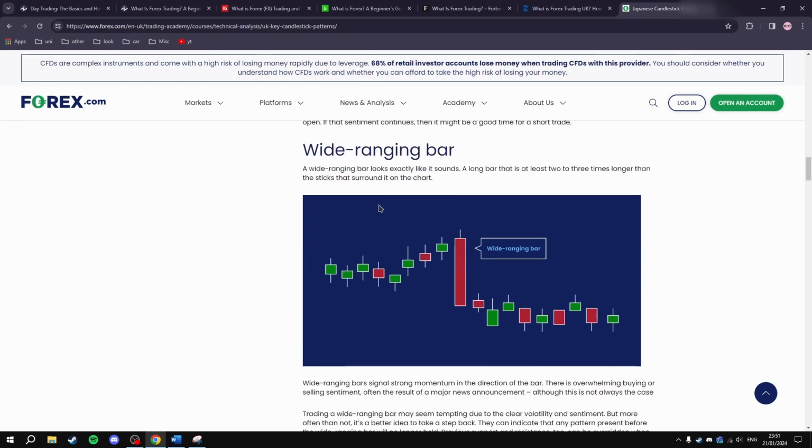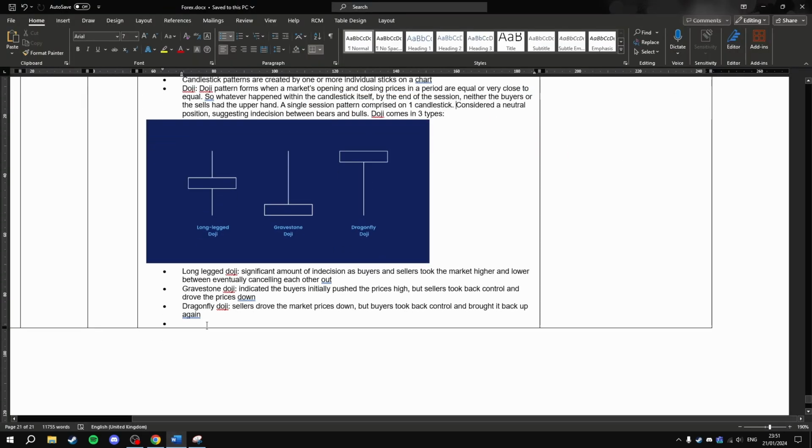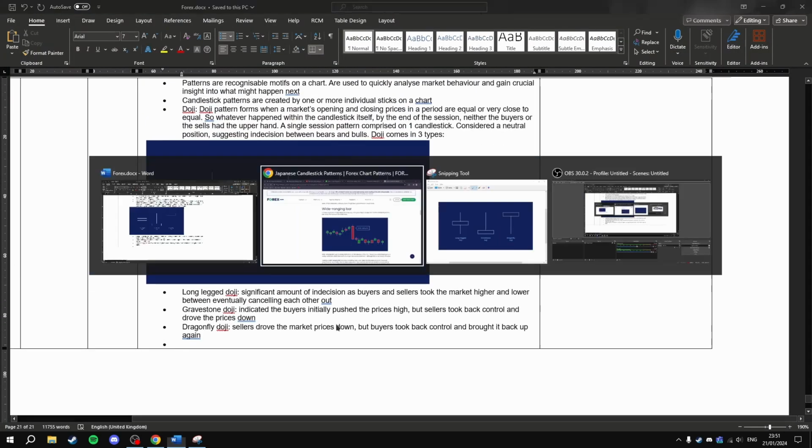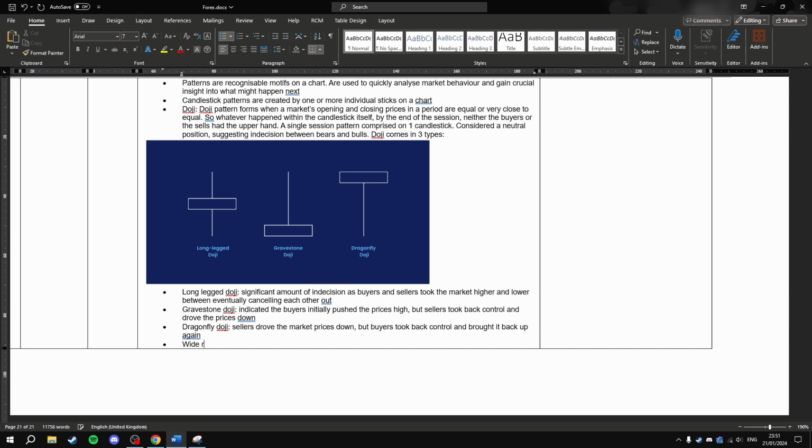Right, anyways, wide-ranging bar. A wide-ranging bar looks exactly like it sounds, a long bar that is at least 2 to 3 times longer than the sticks that surround it on the chart.